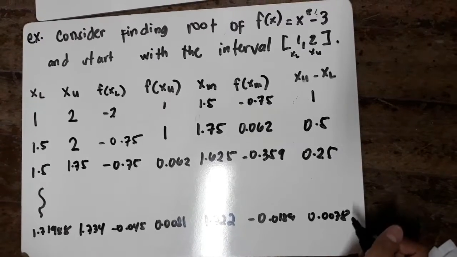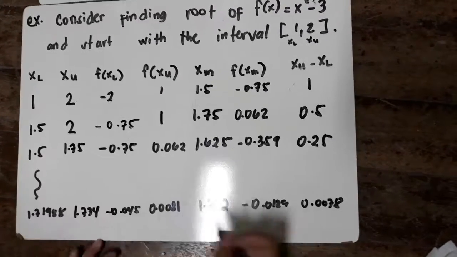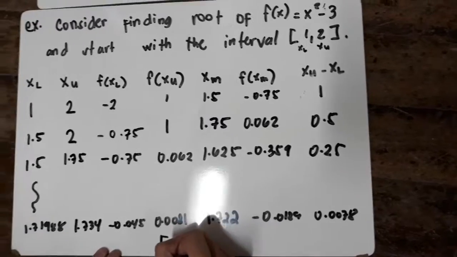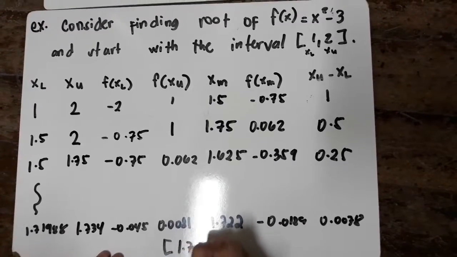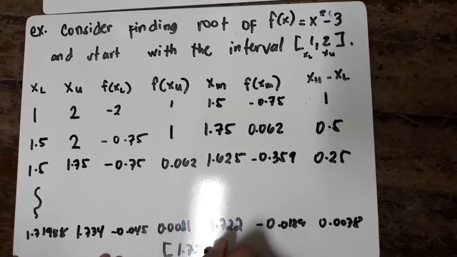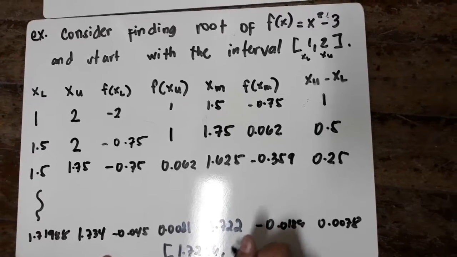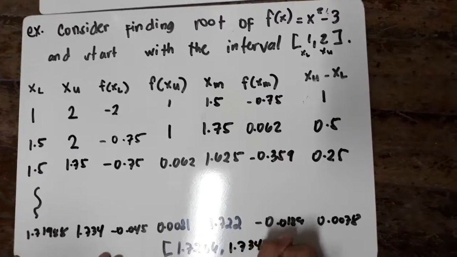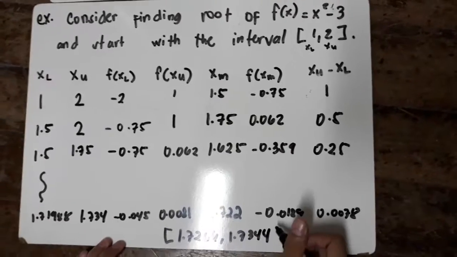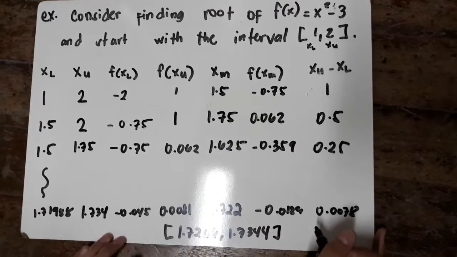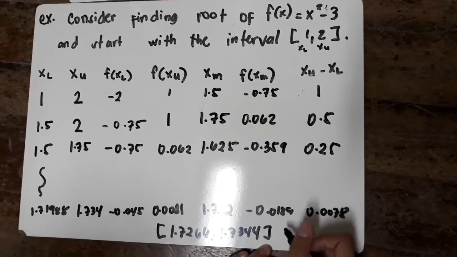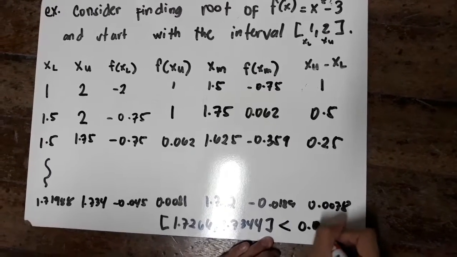In the 7th iteration, we note that the final interval is 1.7266 and 1.7344. It has a width less than 0.01.